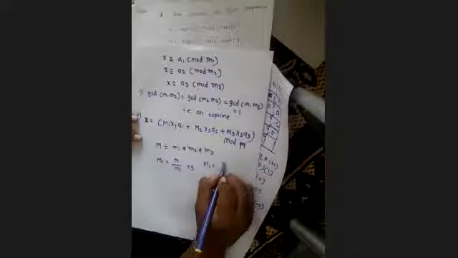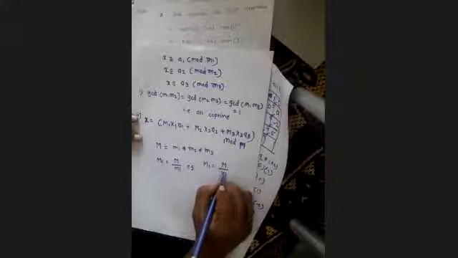Okay. Now to find the capital Mi, meaning M1, M2 or M3, how can we do that? Capital M divided by small mi. Example, if you want to calculate M1, you can find it by M divided by m1.